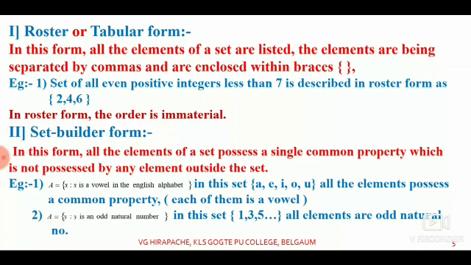Therefore, in this set we have numbers like 1, 3, 5 and so on, because the numbers are natural numbers and these numbers are odd. The first odd number is 1, the second odd number is 3, then the next number is 5 and so on. All these elements are odd natural numbers and these possess a common property. Such form is called a set builder form.